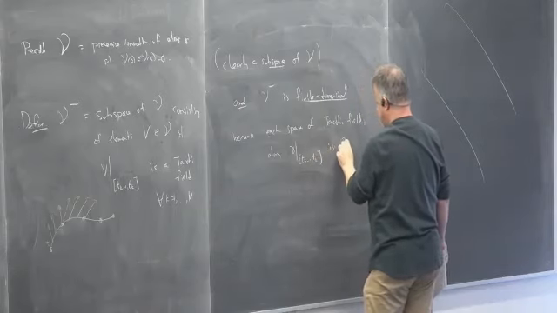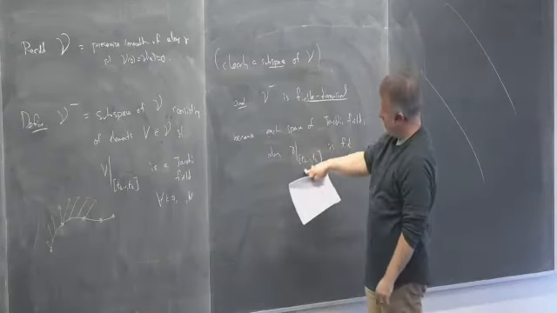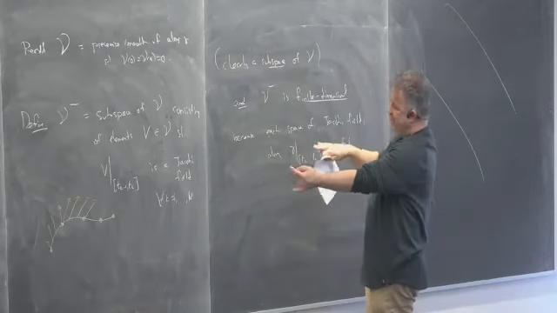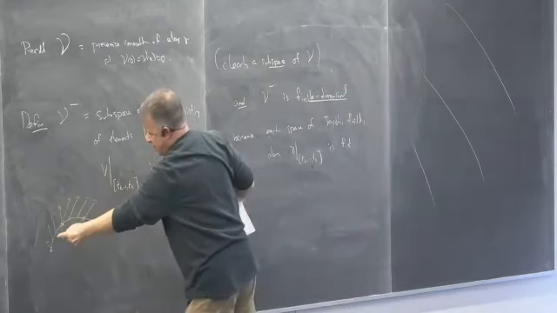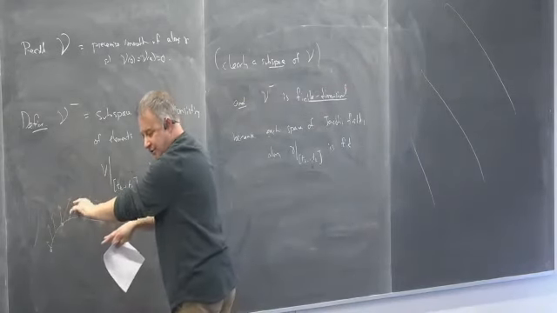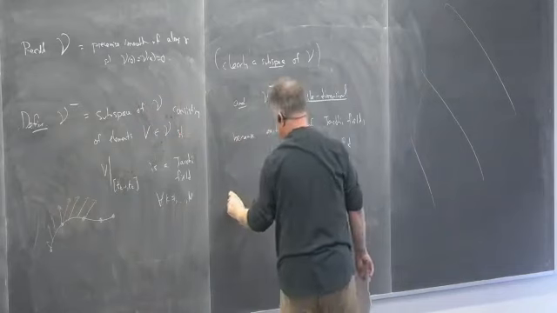For each of these restricted geodesics, there's a finite dimensional space of Jacobi fields there, and then I just have to take a finite collection of finite dimensional spaces, and I have to patch them together so that they're continuous.